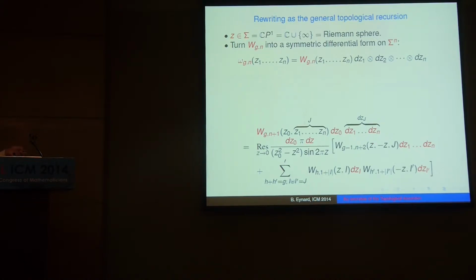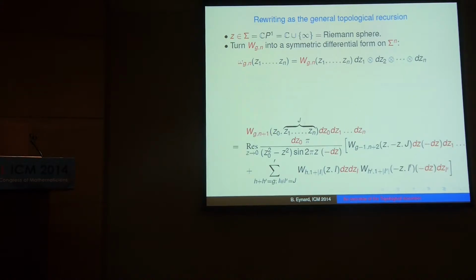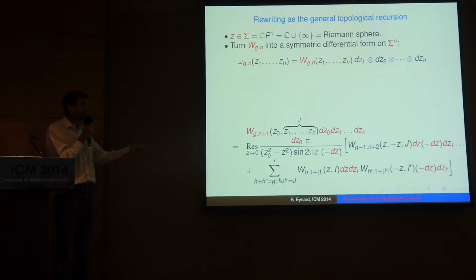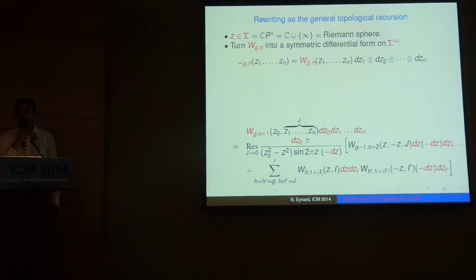Well, the dz is here, but the minus dz is missing. So what you do is, you put the dz here, you put a minus dz, but this means you have to put a minus dz in the denominator. It may look strange to have a 1-form with a dz in the denominator, but in fact it's because the numerator is a quadratic form divided by a 1-form. The result is a 1-form, so it makes sense.